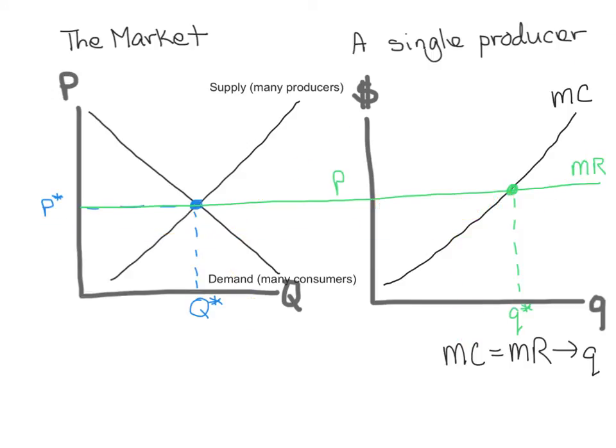Suppose that instead of originally making a positive profit, our producer of coffee over here was making a negative profit to start with. So the average total cost curve would look something like this.